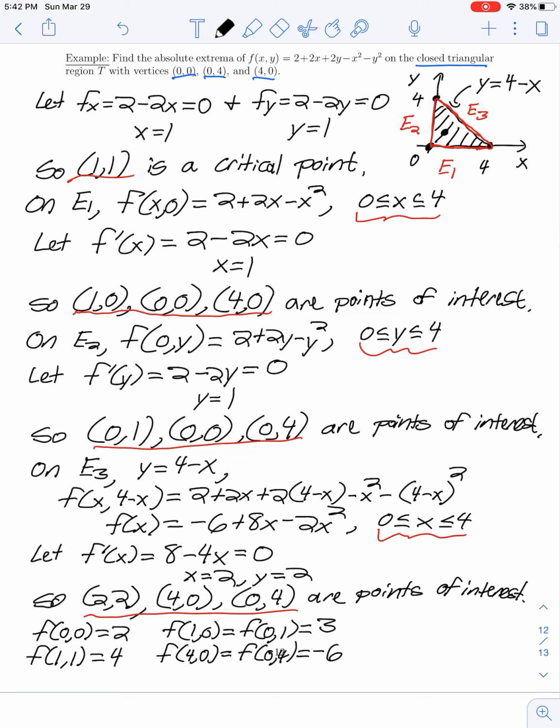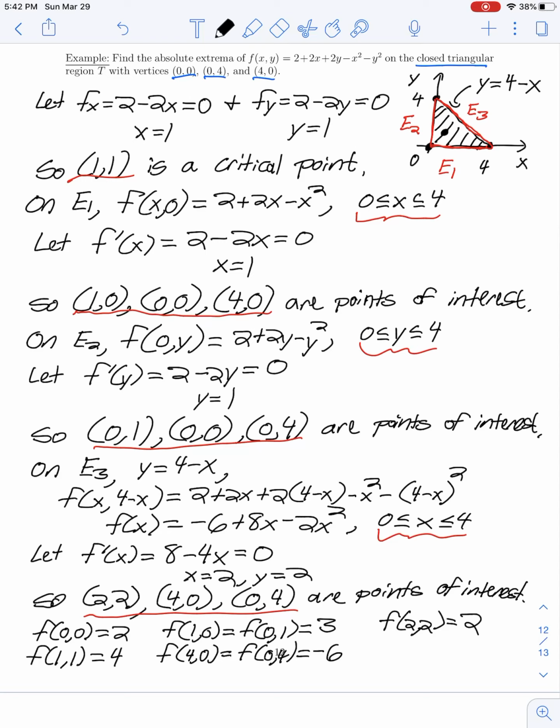The value of our function at either 4, 0 or 0, 4 would be equal to negative 6. And for our last point, f of 2, 2, we get a value of 2.